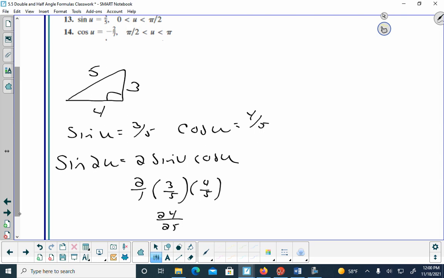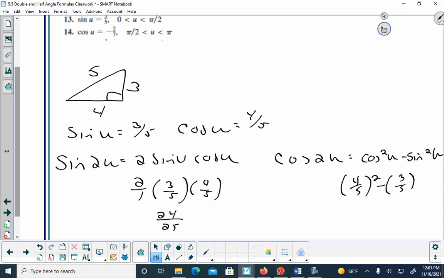And then to do the cosine of 2u, I'm going to do the cosine squared minus sine squared. So cosine 2u is equal to cosine squared u minus sine squared u. So the cosine is 4/5, so 4/5 squared minus 3/5 squared. So 16 25ths minus 9 25ths, and I'm going to get 7 25ths.